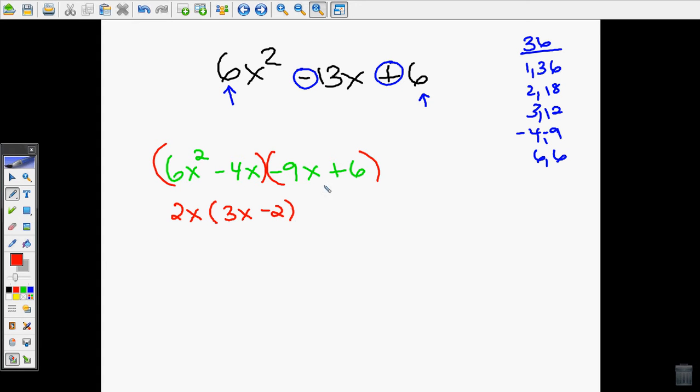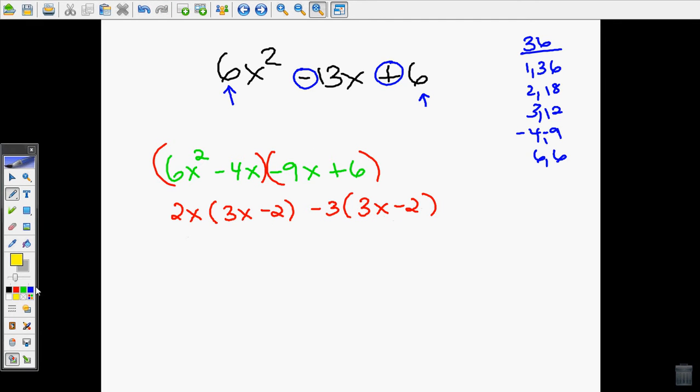Over here, the greatest common factor of negative 9x and 6 is going to be, hold on a second, sorry, let me fix that. It's just negative 3 times 3x minus 2.